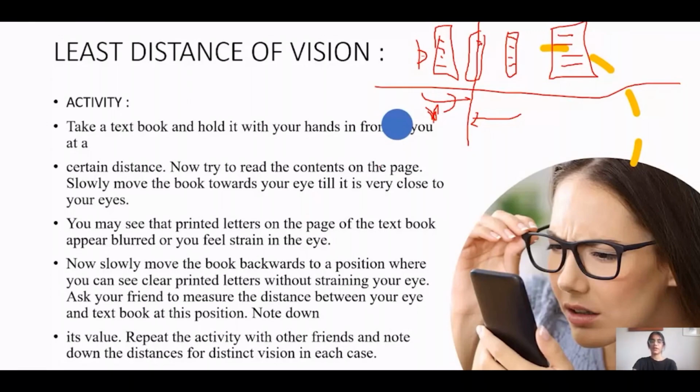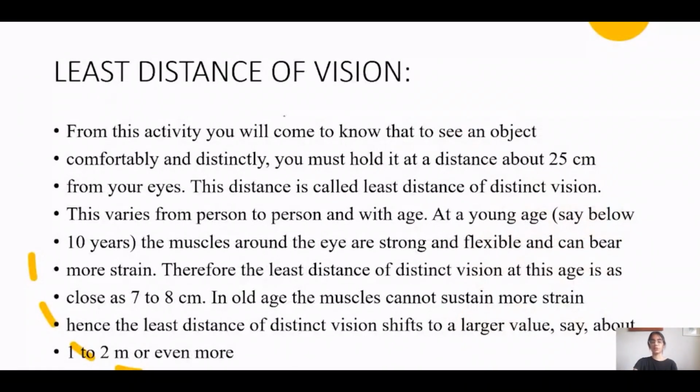So from this activity, you come to know that to see an object comfortably and distinctly, meaning being able to identify the contents clearly, you must hold it at a distance of about 25 centimeters.